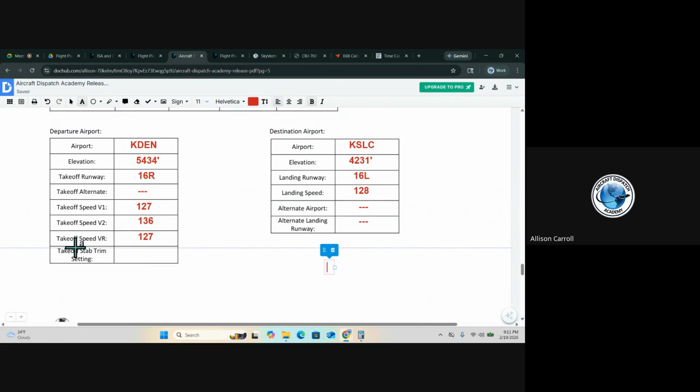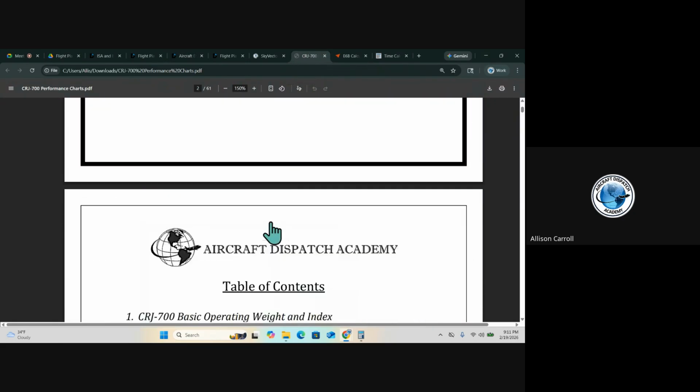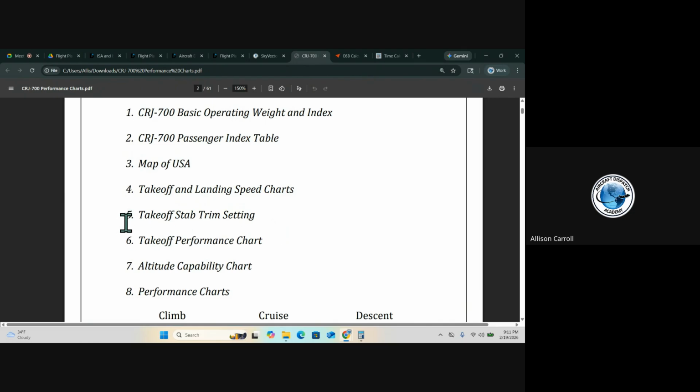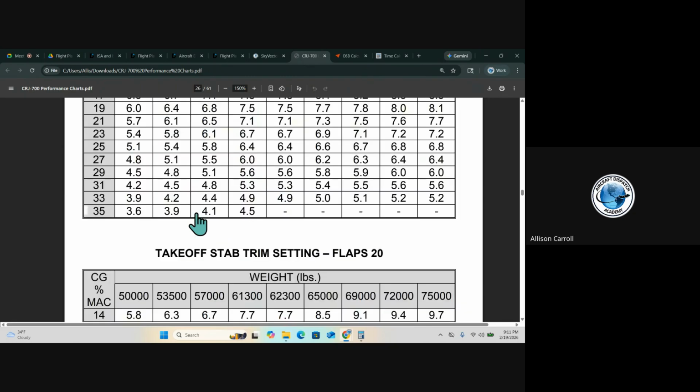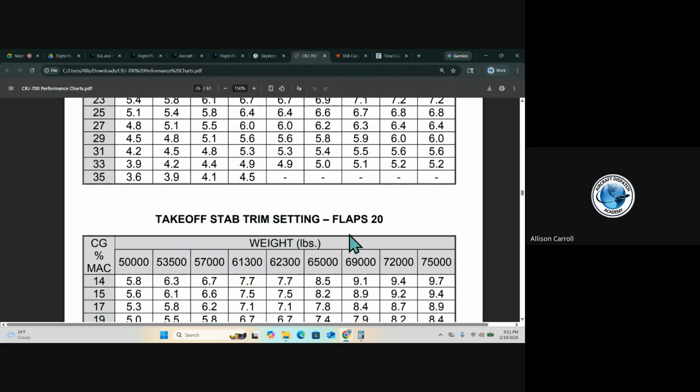All right, takeoff stab trim setting. In your performance charts, again, takeoff stab trim setting is number 5 right here. Remember, it's for takeoff. You have 2 tables on this page, flaps 8, flaps 20.